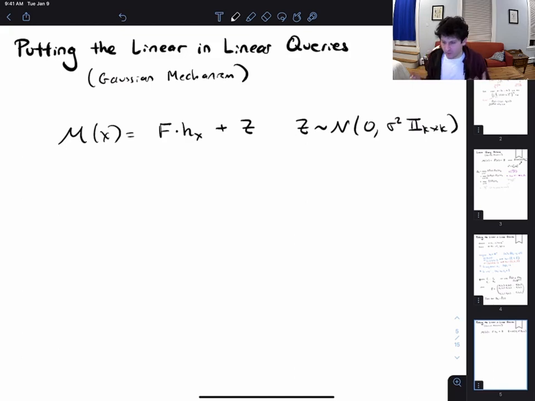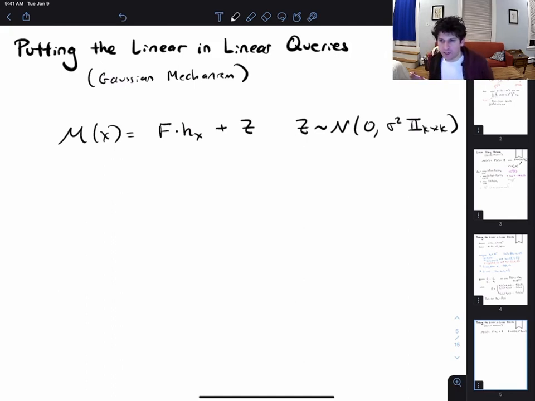So, I'm not changing the mechanism because I'm not actually changing how I compute the queries. The answer to the queries is the exact same thing, whether I treat it as a matrix vector product or just the answers to the queries. Okay, so the mechanism doesn't actually change.